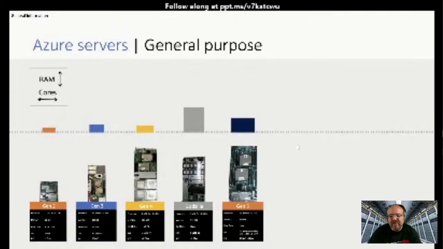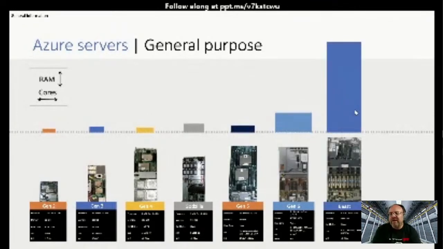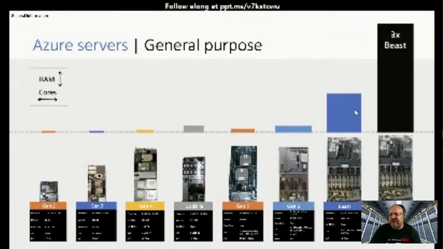Generation 5, much larger and includes other new capabilities from a hardware perspective. These servers were designed to be very thin and powerful and then put into racks that might span from the floor to the ceiling. And then if we look at the Beast and the Beast 2, these are the largest of Microsoft's servers.